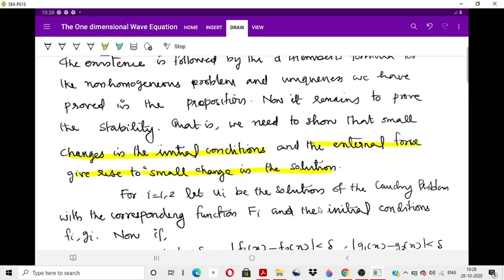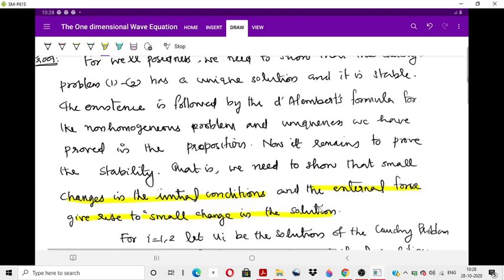Or we need to prove that mathematically. Suppose for i equal to 1 and 2, let u_i be the solution of the Cauchy problem with the corresponding external forces F1 and F2, and initial conditions small f_i and g_i. That means there are two problems.